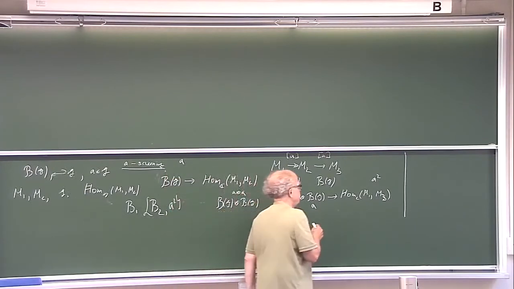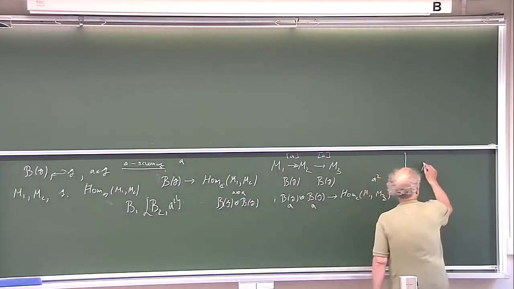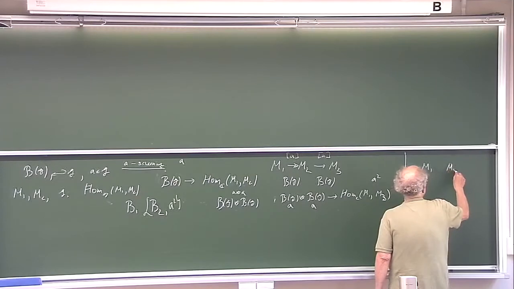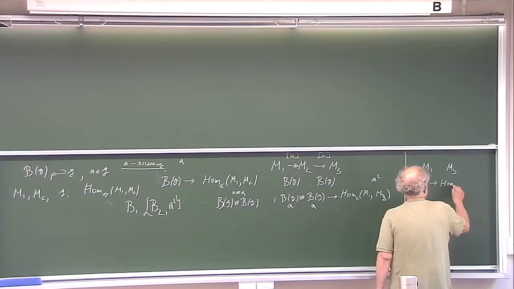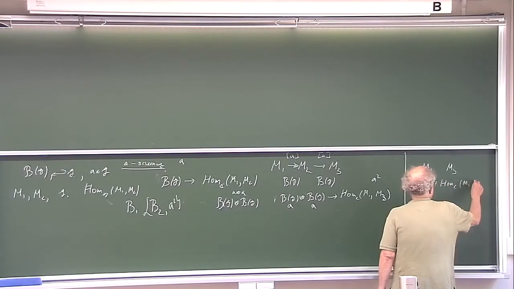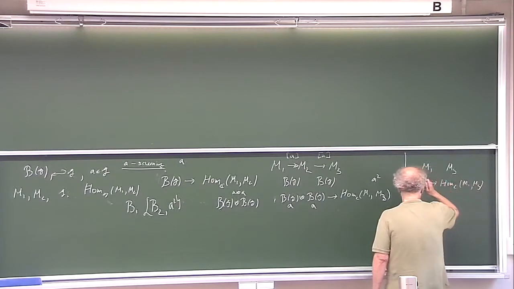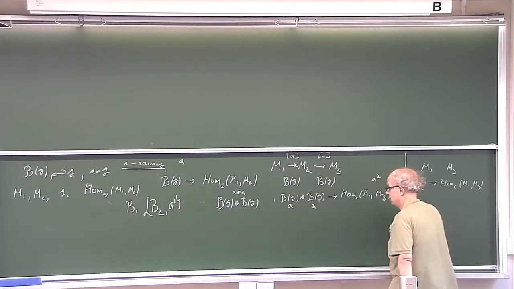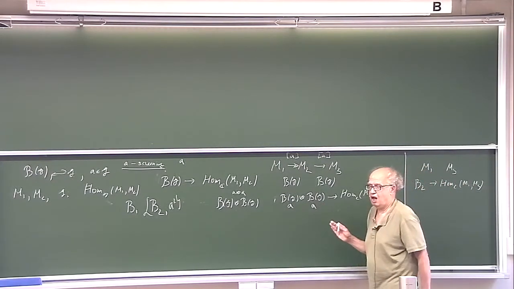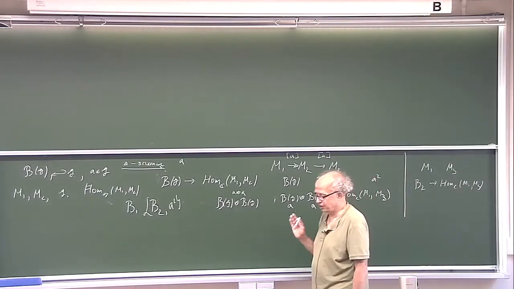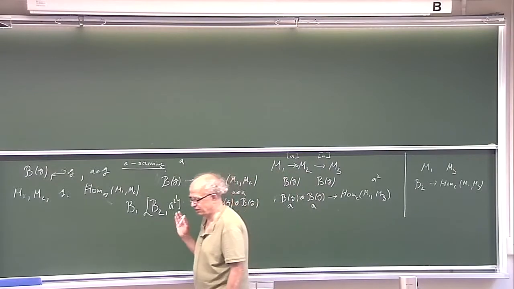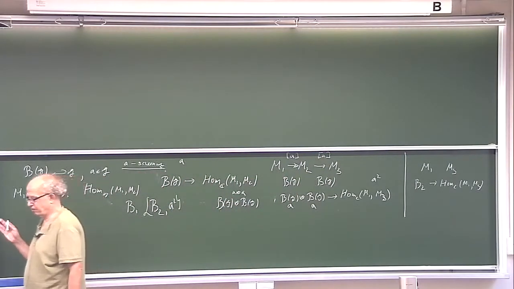And now if I have two representations M1 and M3, and I take a map from B2 to Hom_C(M1, M3), in principle any, not necessarily constructed this way, and here I have the distinguished element A squared, the image of this element will also be a homomorphism in my category.